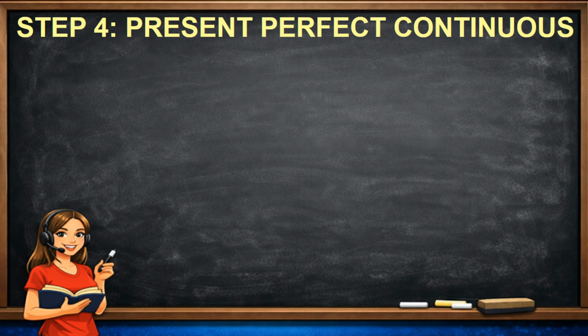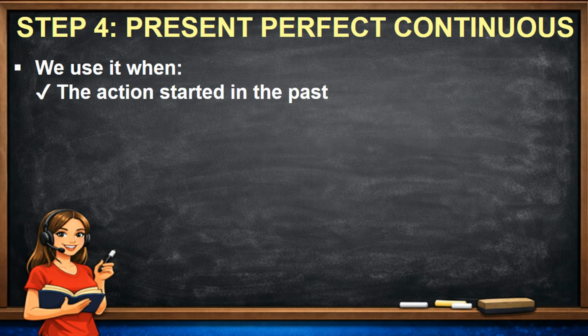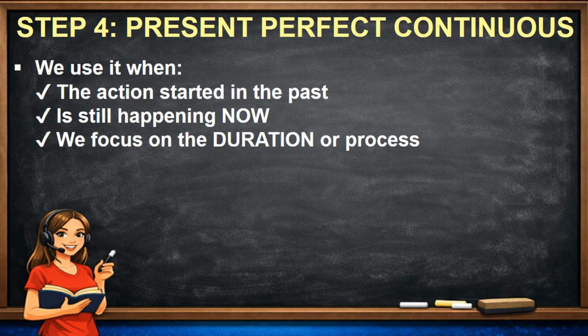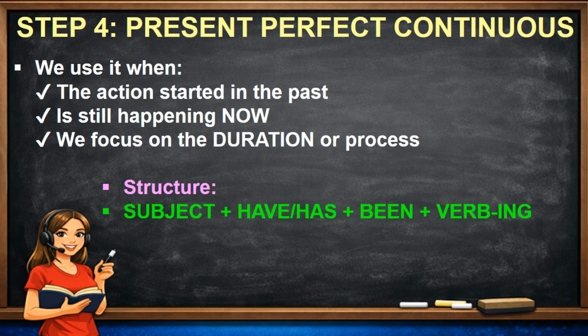Now the last one. Step 4. Present perfect continuous. We use it when the action started in the past and is still happening now. We focus on the duration or process. Structure: subject plus have or has plus been plus verb-ing.